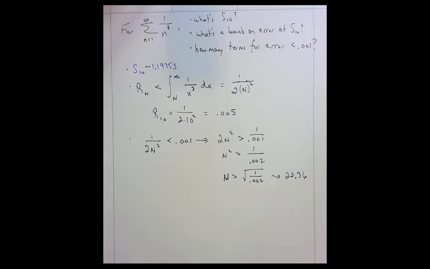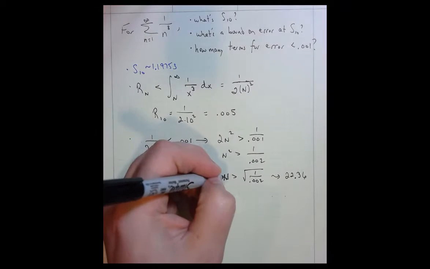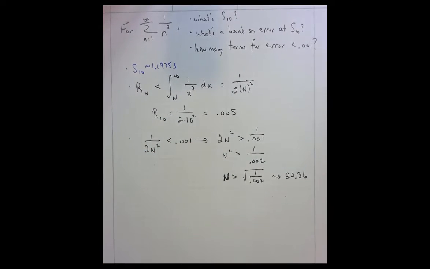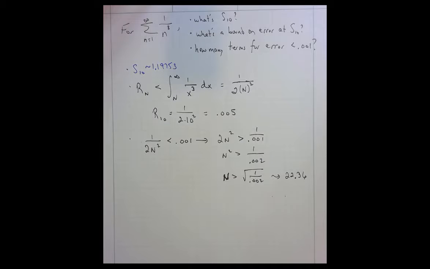22.36. And again, there's a matter of interpretation here because we are calculating n. N is a counter of the number of terms, so we have to report an integer. The question is, how many terms do we need to use to get our error within this tolerance that we've specified? We cannot say that we need 22.36 terms. That doesn't make sense.